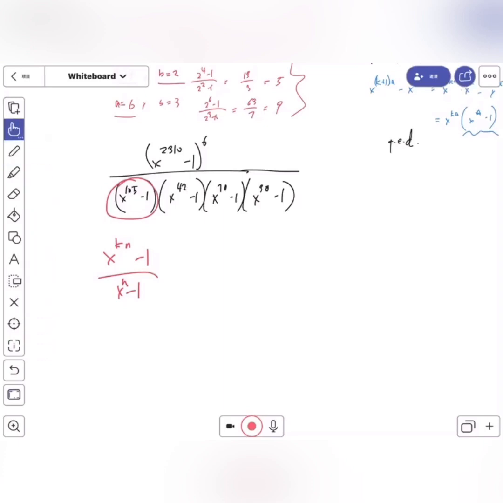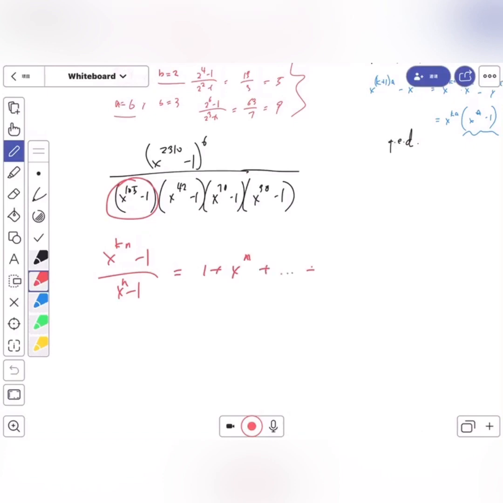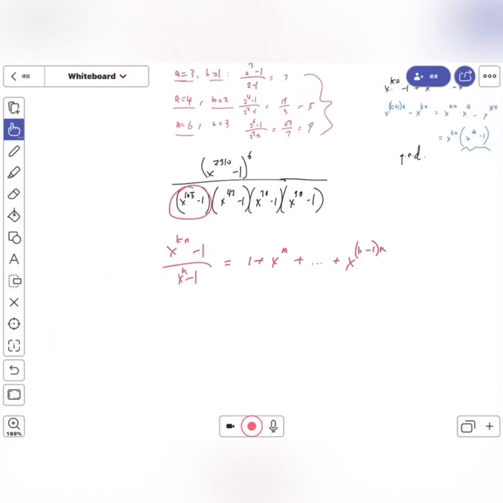So we claim that x to the kn minus 1 over x to the n minus 1 is equal to 1 plus x to the n plus dot dot dot plus x to the (k minus 1) times n. Now we're just going to prove by induction again.